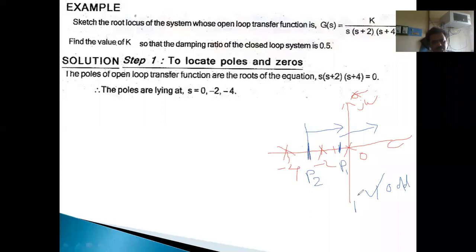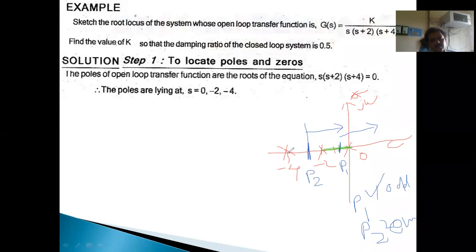If we take another test point, P1 is present on the root locus, whereas for P2, we observe an even number, so that test point is not on the root locus. That implies the root locus branch exists between these two poles only.